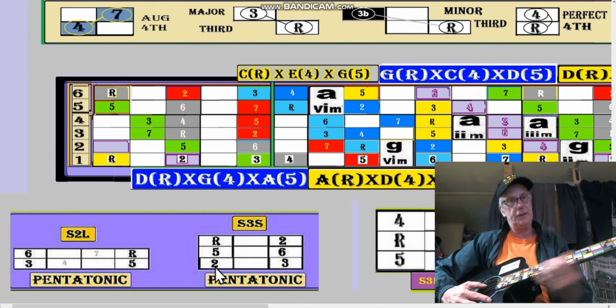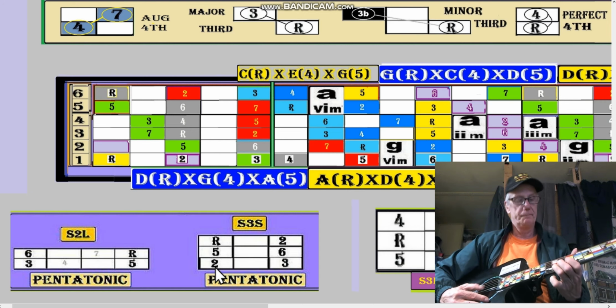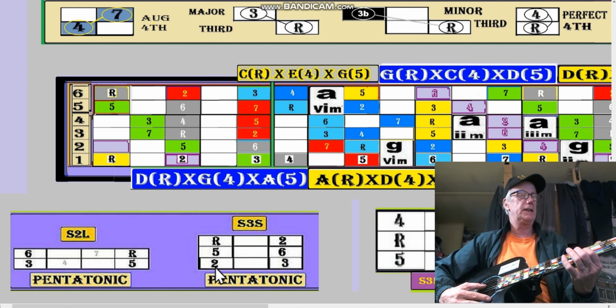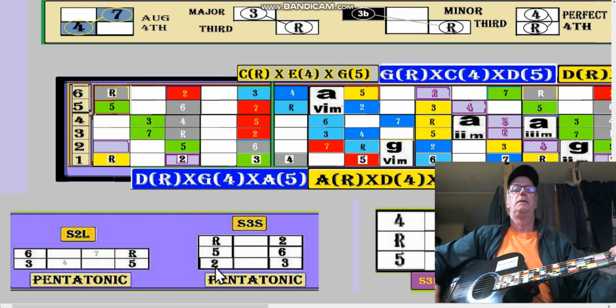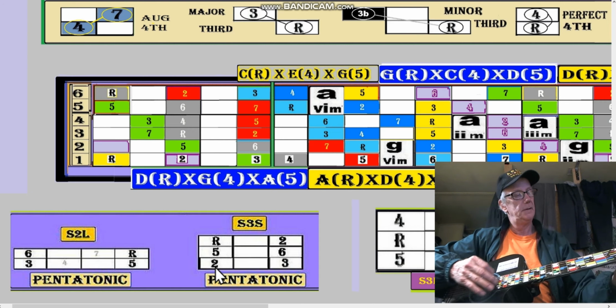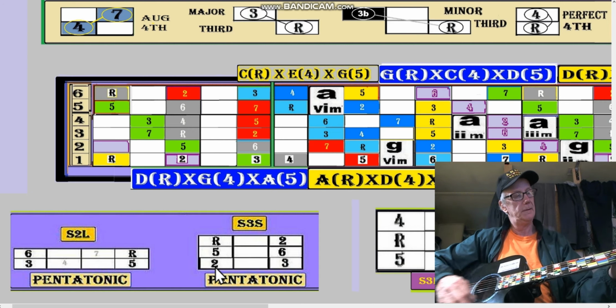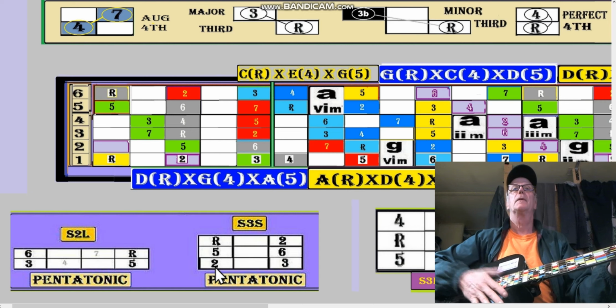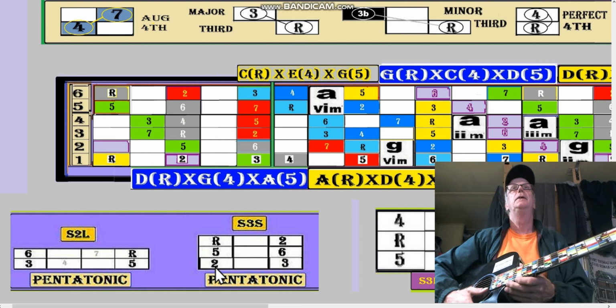So if I just started on any arbitrary key, I'm not even looking. Just want to know what string I'm on. Alright, that would be the F, so that would be the key of, well, it would be an F minor.